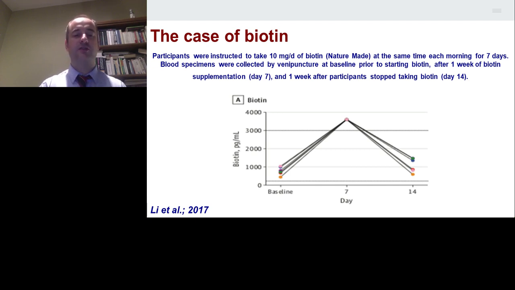There are some results in the literature evaluating the impact of biotin on the assays in healthy volunteers taking biotin supplementation.